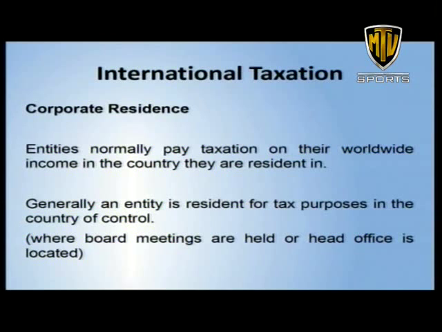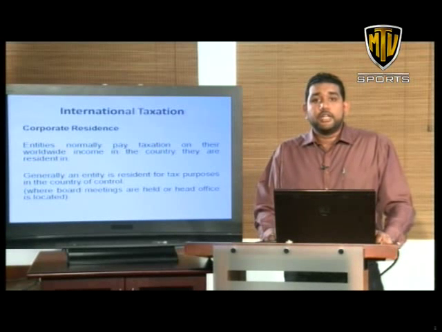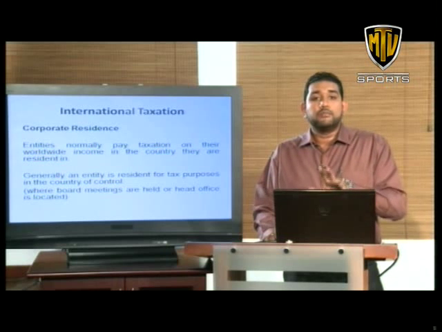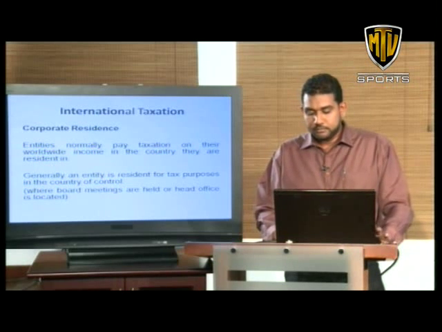Normally, when determining corporate residence, we look at the country where control is exercised. Generally, an entity is resident for tax purposes in the country of control. The country of control is the country where the head office is located and where the board meetings are held.